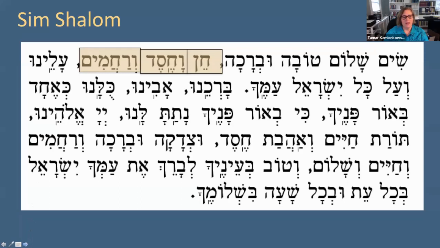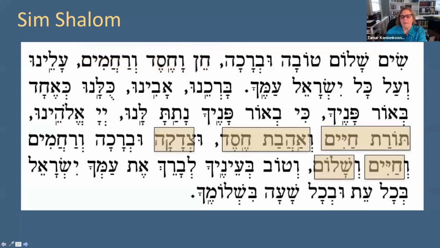Okay, a few more terms. I have to say this is one of my favorite blessings because I just love to say all of these words because they are just so beautiful. So in this first box, Torat Chaim. You may recognize from Torat the word Torah. Torah is usually spelled with a hey at the end.